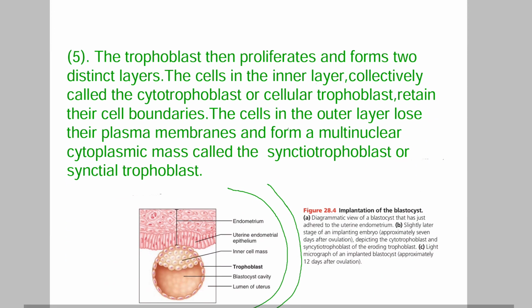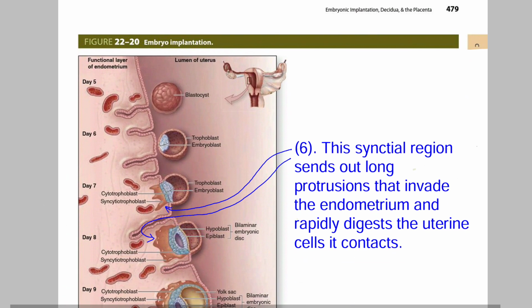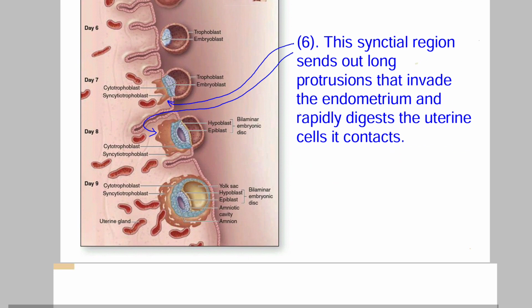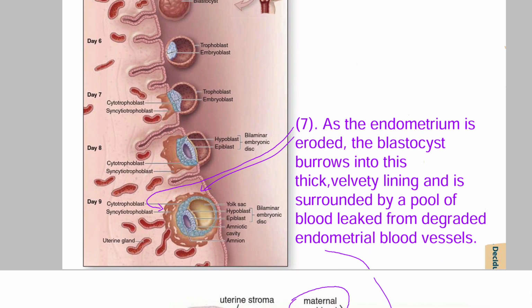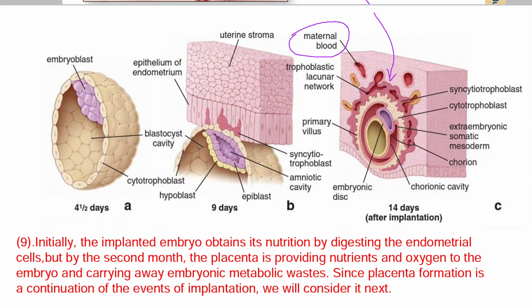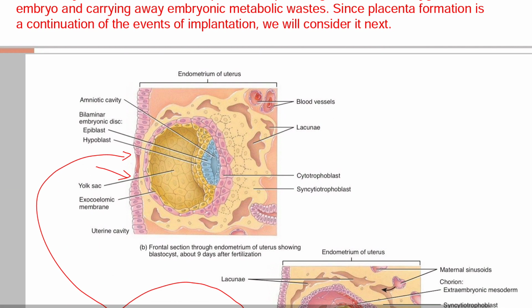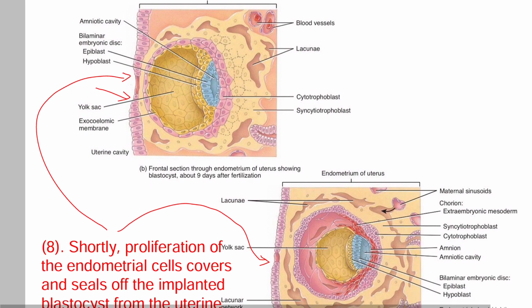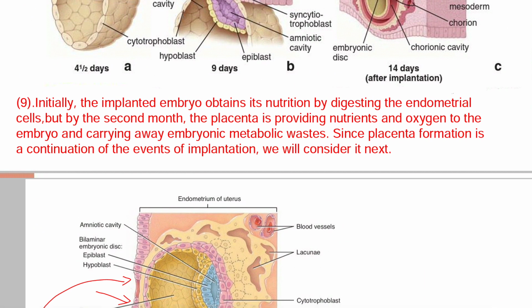Then this is the fifth point. Then this is the sixth point. And this is the seventh point. This is the figure. Then this is point number 8, and this is the final point. So with this, we have completed the discussion of implantation.